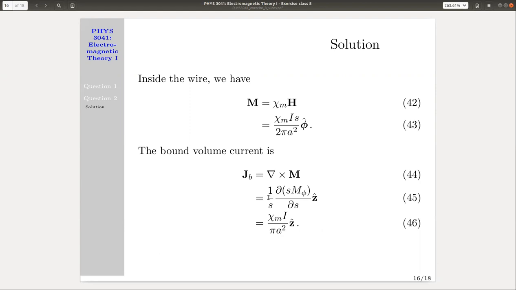After looking at the table, you should see that there's only one non-zero term, which is simply the derivative here. And after doing this derivative, you should get the bound volume current to be equal to this expression.